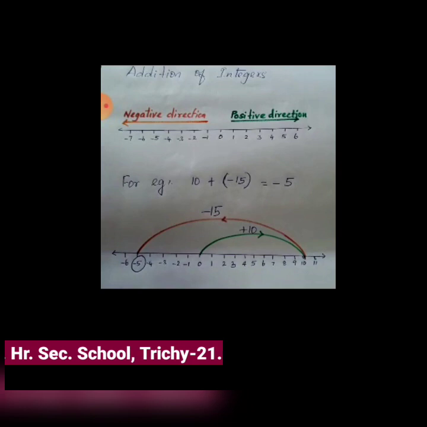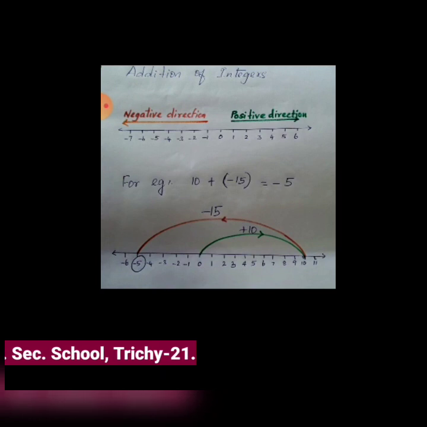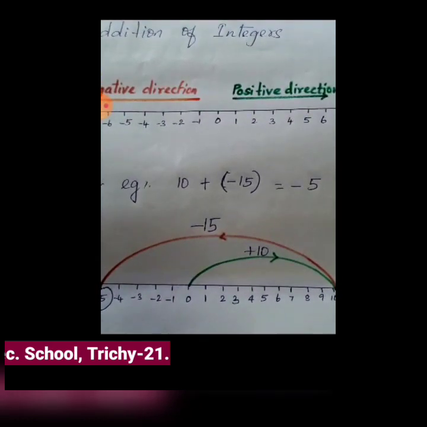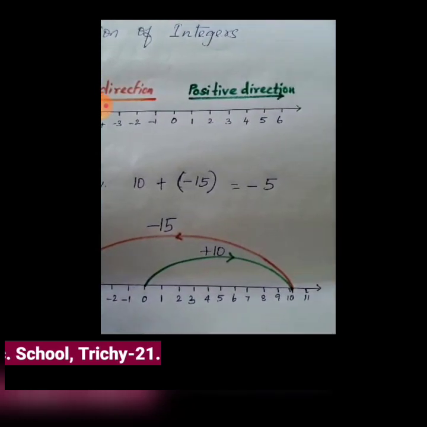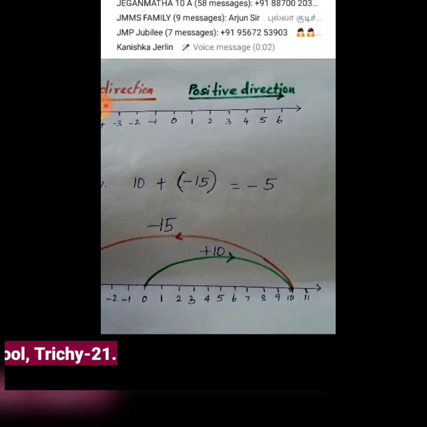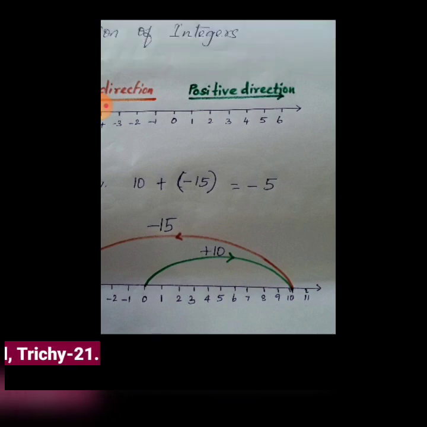For example, 10 is added with minus 15. On the number line, we first start at 0 facing the positive direction and move 10 steps forward, reaching 10.